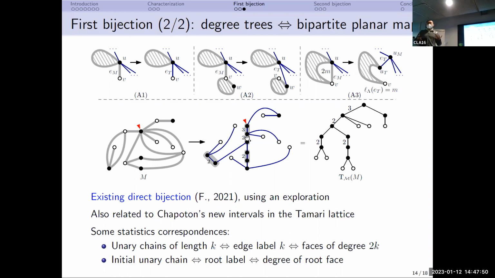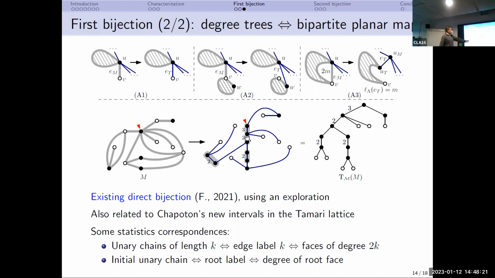And in fact, it's also related to what we call a Tamari interval in the Tamari lattice. But that's a parenthesis. And in fact, without looking at the details of this bijection, just using what we have talked about, we can see some of the statistic correspondences. For example, the unary chains in the lambda term of length k get converted into a label that is k.